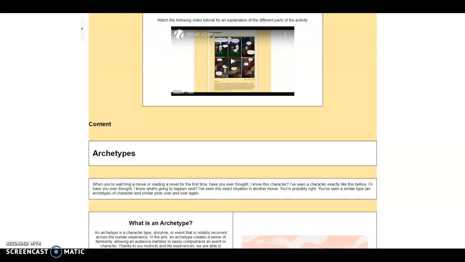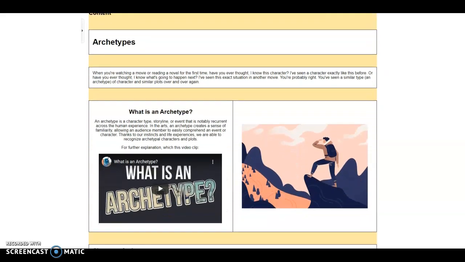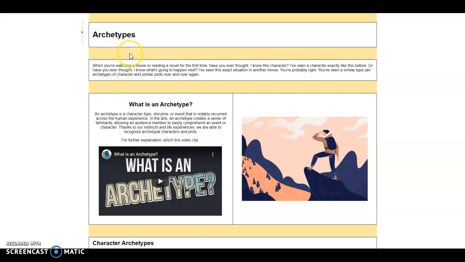The first bit is going to focus on archetypes. Archetypes are essentially characters or events in stories that you've seen over and over and over again. If we take a look here, it says, when you're watching a movie or reading a novel for the first time, have you ever thought, I know this character, I've seen a character exactly like this before?